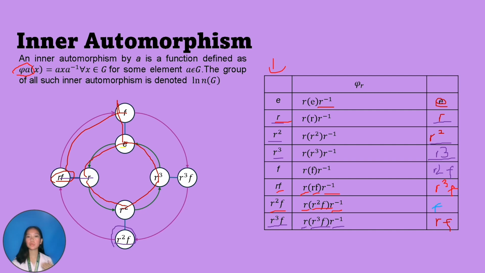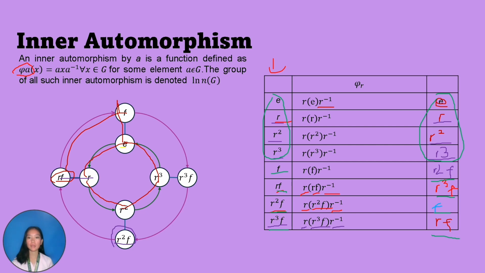So notice that we still have the same elements that we started with, and that makes it an automorphism. And this particular automorphism just maps them to themselves. F becomes R squared F, RF becomes R cube F, R squared F becomes F, and R cube F becomes RF.